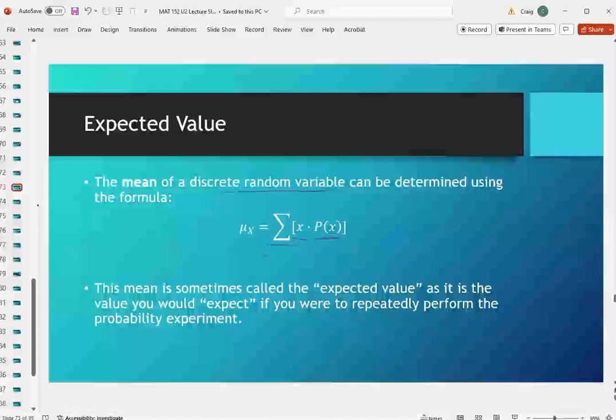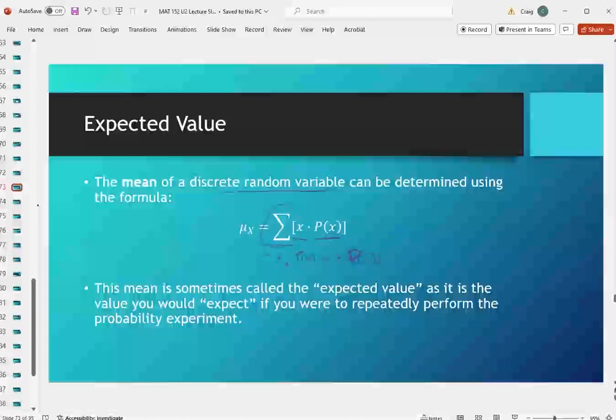So it's x0 times the probability of 0, plus x1 times the probability of 1, and so on. And you would just add all those up. That's what the sigma means.